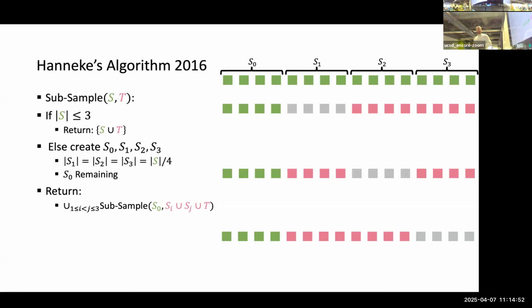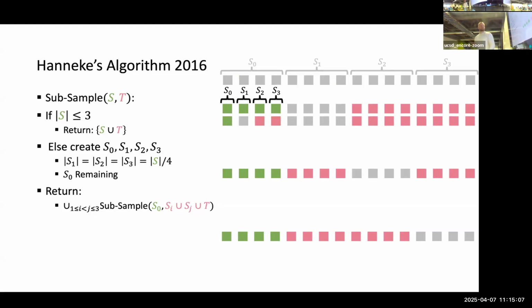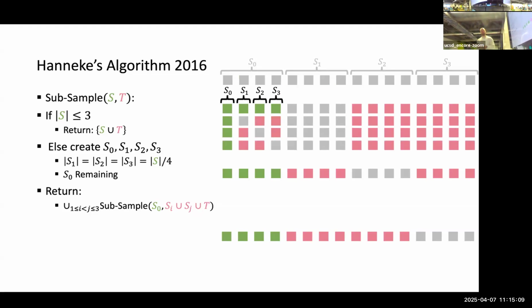Of course, now you recurse on each of these, because we call this a subsampling procedure. Again, you're still not in the base case, right? You have 4 training data points left, so you partition it again into 4 pieces, and then you do these 3 recursive calls where you leave out either S1, S2, or S3. It gives you these different subsamples here. T is now these pink sets again.